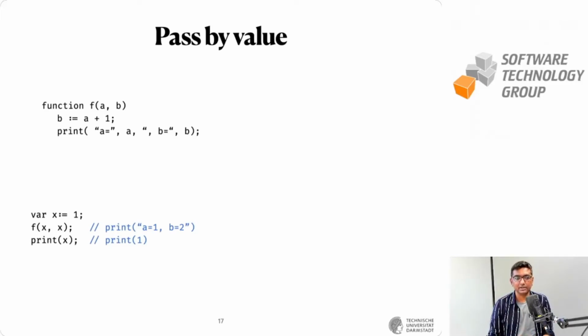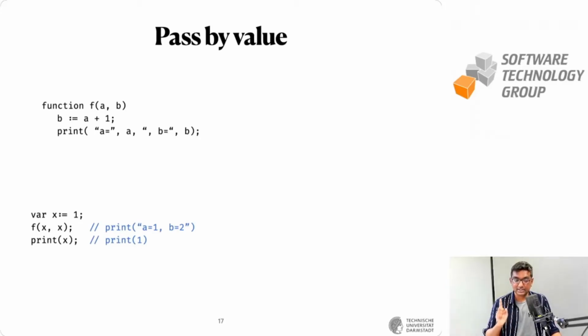Let's look at an example here. There is a function f which takes in two parameters a and b, and the computation it performs is that b is assigned to a incremented by 1, and it's going to print both a and b. Now when you invoke f with x comma x, where x is 1, it's simply going to pass the value of x at that point of invocation, which is 1, which means the value of a is going to stay 1, the value of b at the start of the invocation is still 1, but it's going to change to 2, and then what you get printed out is a equal to 1 and b equal to 2.